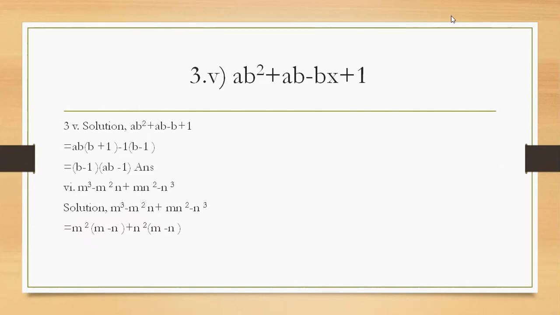That means these two are the same, so we can understand our factorization is going to be correct. Okay, children. Then we have to take M minus N common. After taking M minus N common, what is remaining in the bracket?